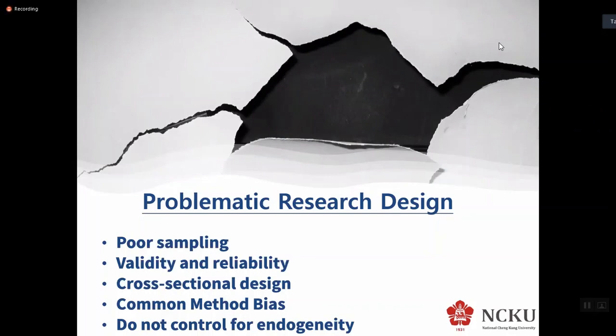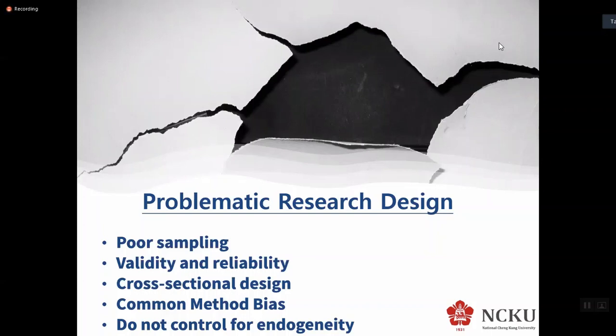Common method bias, and the endogeneity problem in the next point, mean that we do not know whether the significant relationship between your variables is real. Sometimes your regression analysis or your SEM will give you significant results, but if you cannot prove that your results are free from common method bias or the endogeneity problem, it is likely that the correlations and relationships are based on some internal contextual factors, and are not actually the true relationship between the two factors.